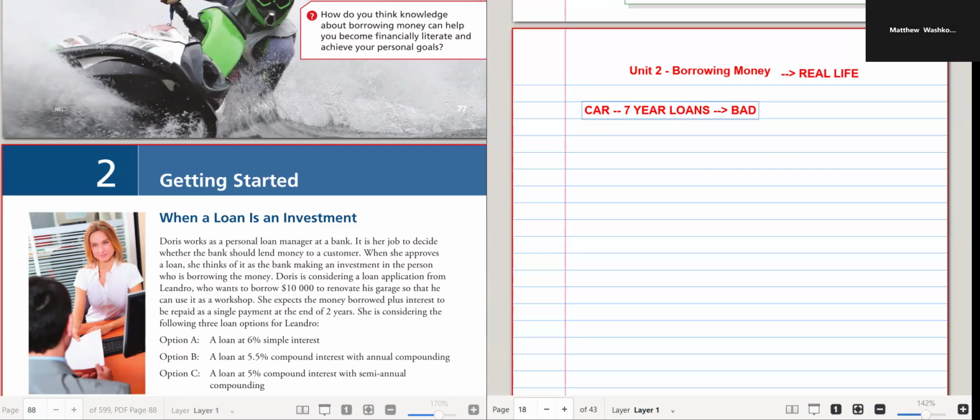This screws you really hard, because the difference between a 5 year loan, which was the standard 10 years ago, and a 7 year loan is double the interest. So instead of paying two, three, $4,000 in interest, I'm now paying eight, nine, $10,000 in interest just in those 2 extra years. So this is an important math to understand here.